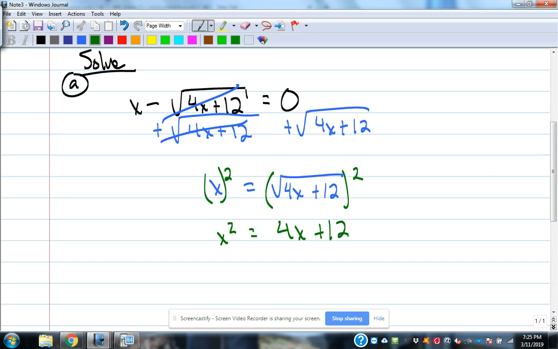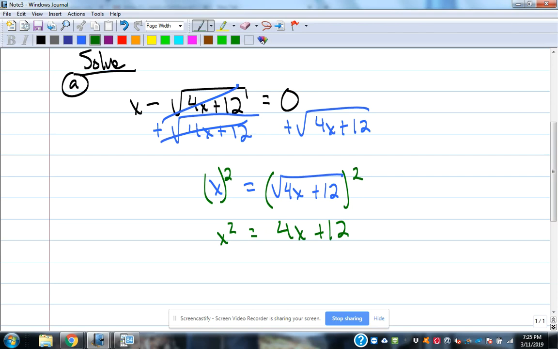Okay. And that's a quadratic. It's a quadratic because we have x squared in the problem. If it's got x squared in the problem, that opens up a lot of different ways to solve, 3 that we've talked about a good bit in Math 100 and 110.